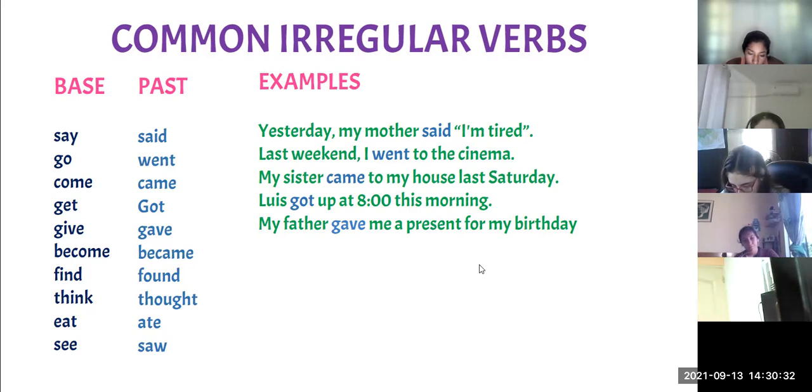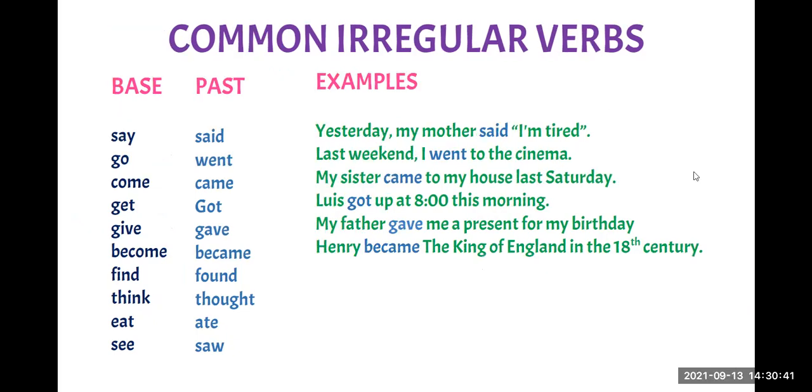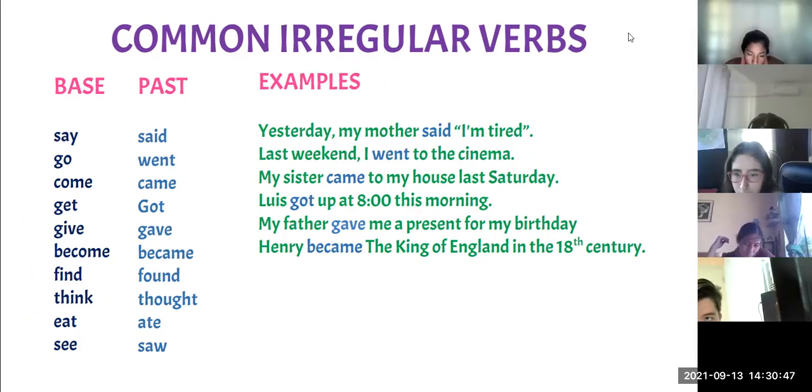With gave? What about this one? Became. Henry became the king of England in the 18th century. Became. Convertirse, volverse, convertirse en realidad. My brother became a teacher. Okay. My brother became a teacher.